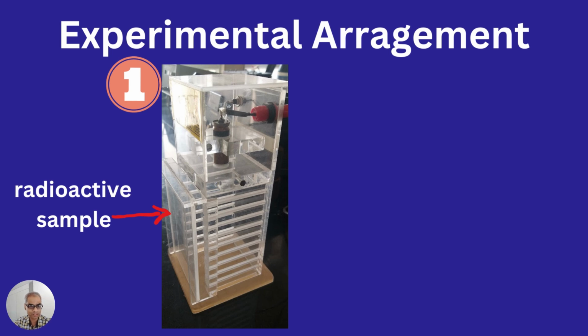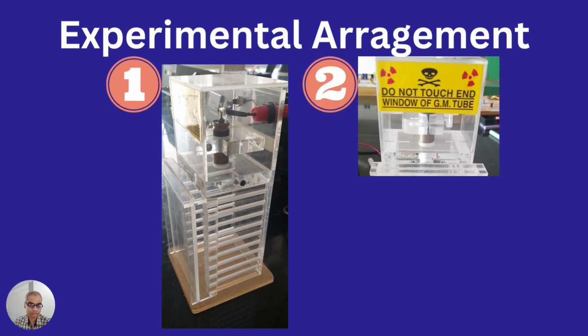The radioactive sample is kept in the slots. You can use like third slot, fourth slot, fifth slot, and so on and so forth. And then the radiation will be allowed to pass into the GM tube.